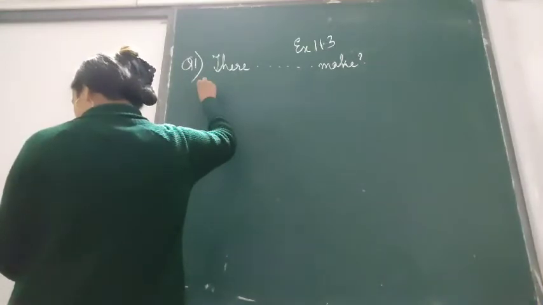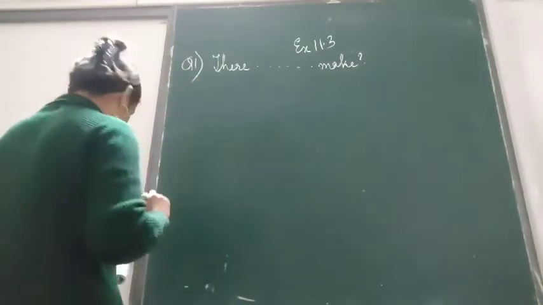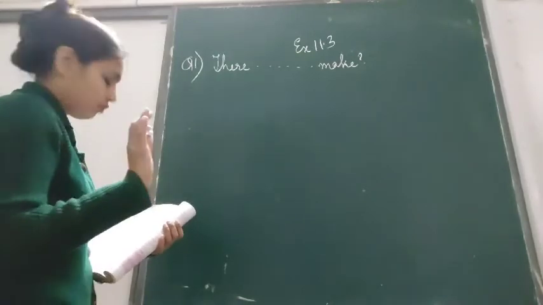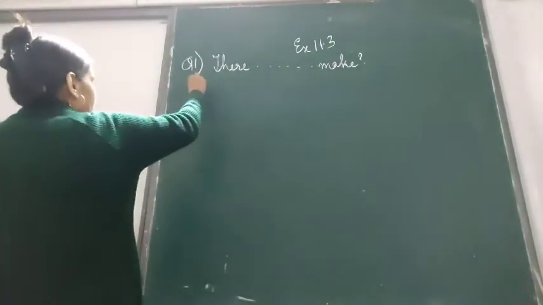So the two cuboidal boxes, what is given here? The length, breadth and height of both is given. Okay, so we'll write that.